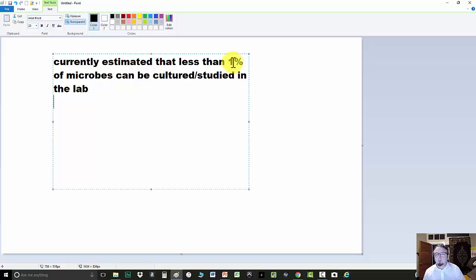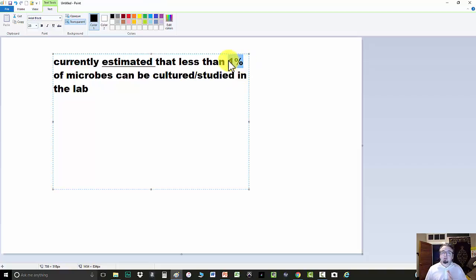So, of all the microbes that are estimated to be out there, and just to be clear, this is a total guess. No one really knows how many microbes there are, and therefore they can't say for sure how many they can culture. But again, estimated is kind of the key word here. They're estimating that there are millions of microbes out there, and that many of them simply cannot be cultured.